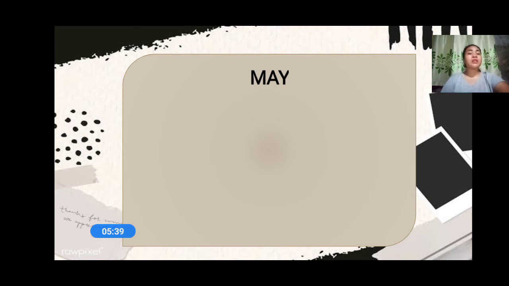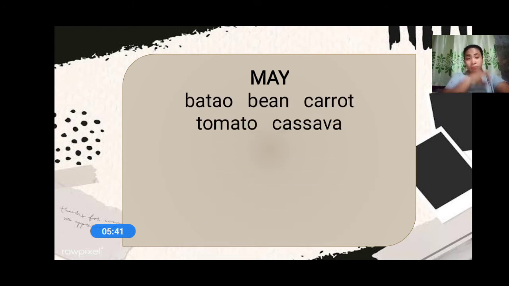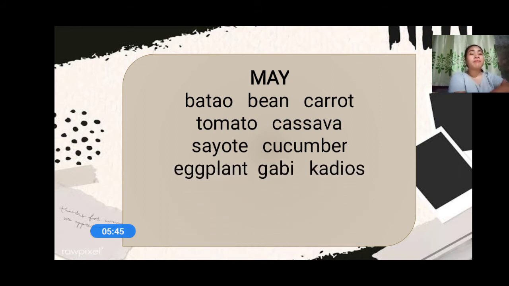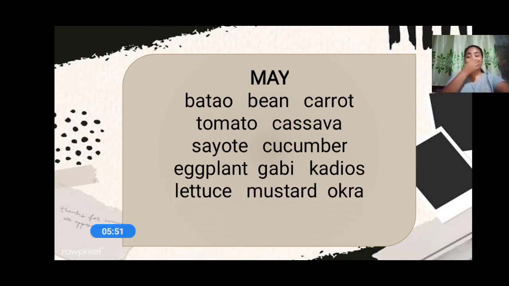So these are the vegetables that can be planted during the month of May. Bataw, bean, carrot, tomato, cassava, sayote, cucumber, eggplant, gabi, kadyos, lettuce, mustard, okra, patani, patola, and pechay. So what are the vegetables that can be planted during the month of May?